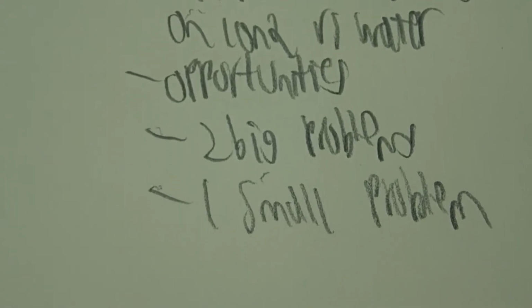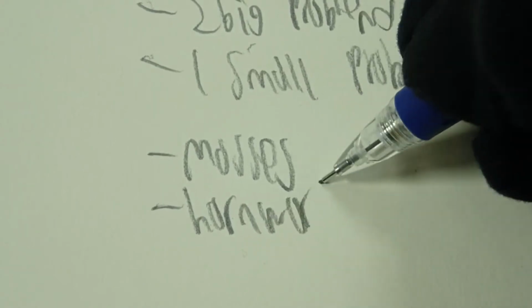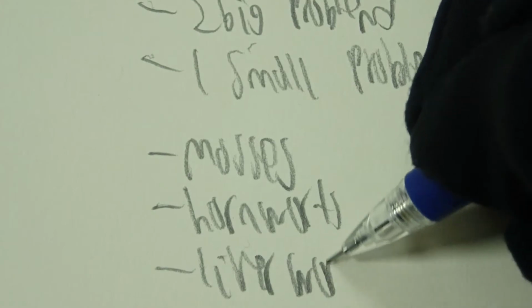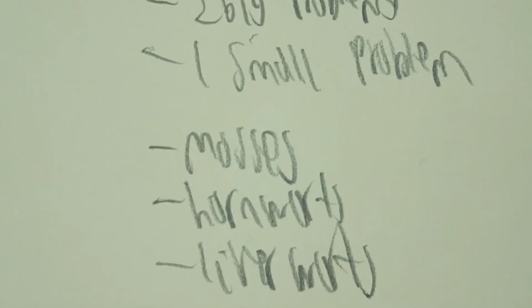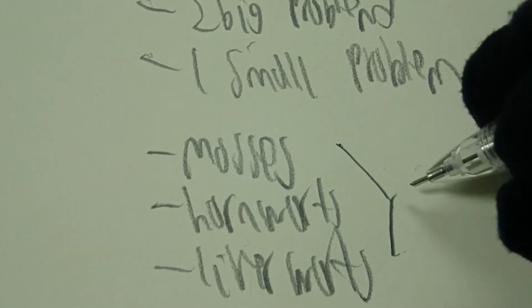So, with the bryophytes, these plants are mosses, hornworts, and liverworts. And all of these plants are quite small.